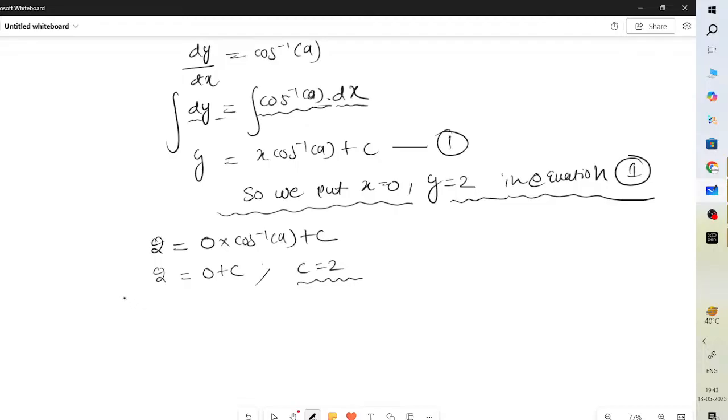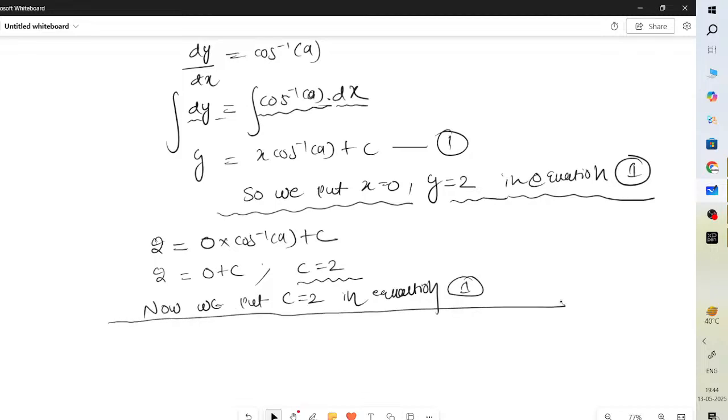Now we put c equals 2 in our equation number 1 to get the final solution, a solution which is free from constant c.